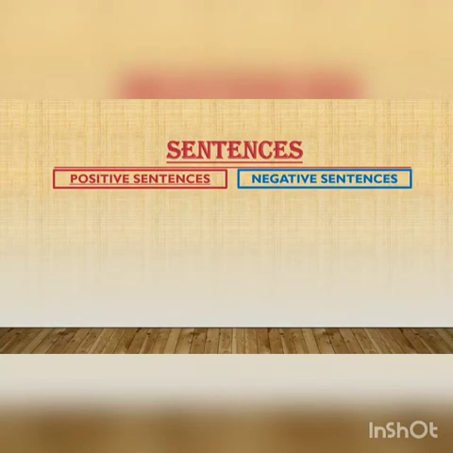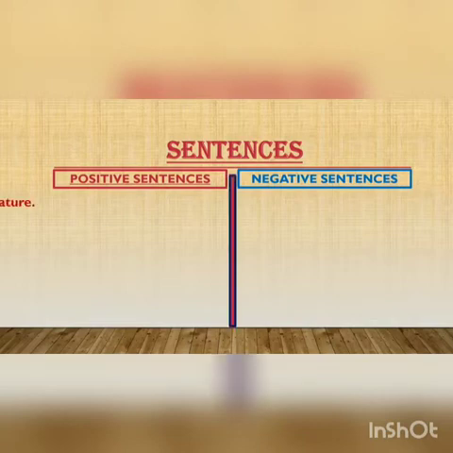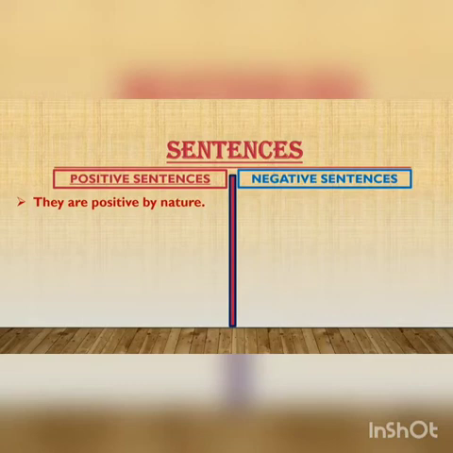Sentences are of two kinds: positive sentences and negative sentences. Today we are going to learn how to change positive sentences into negative sentences. But before that, we need to know the difference between them. Positive sentences are always positive by nature.